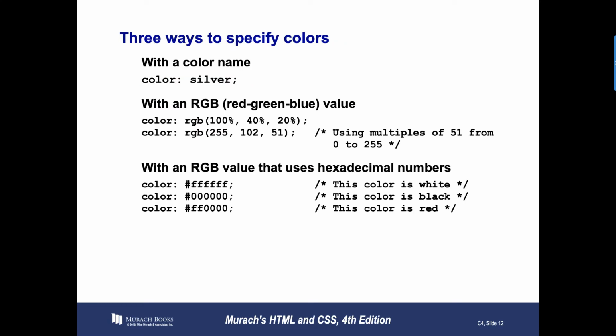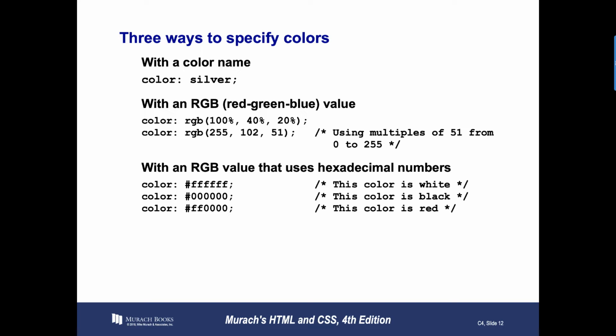Box model. All right, 3 ways to specify colors as properties in CSS. You can use color, followed by a colon, like all CSS property values. And then silver, there's a list of all these colors that you can use by name. I prefer to use the RGB or RGBA.